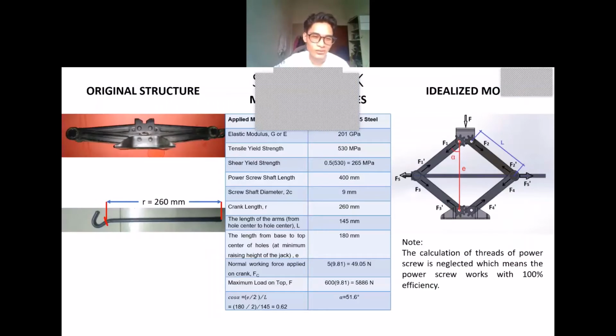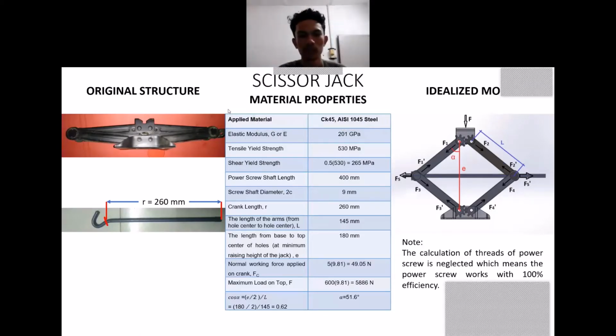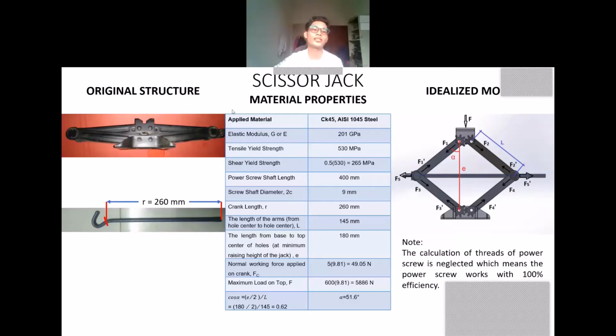For this slide, we are going to show the original structure of the scissor jack, as you can see in this picture. In this picture, Affandi has measured the length of the crank, which is equal to 260 millimeters.